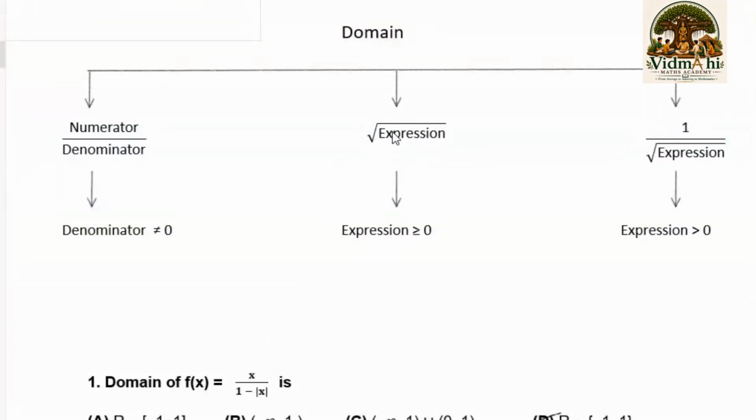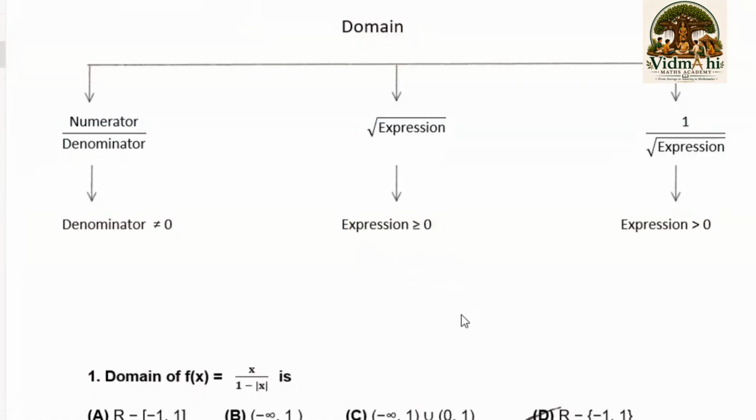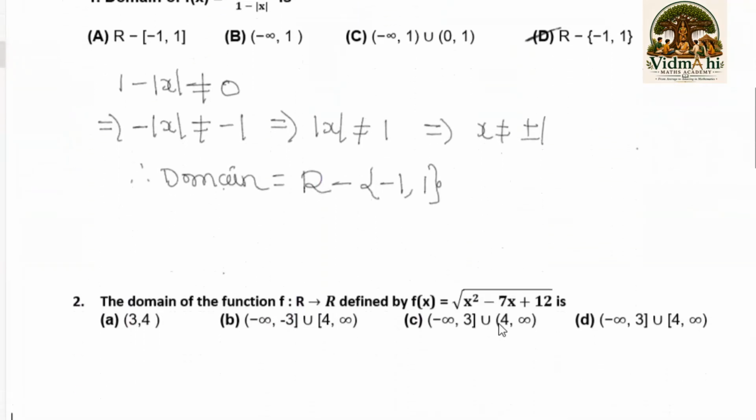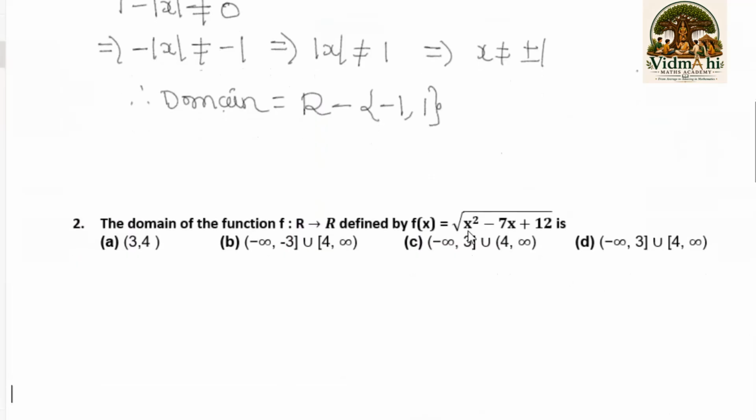If it is of the form root of expression, then the expression should be greater than or equal to 0. So here the expression is x square minus 7x plus 12, correct? So x square minus 7x plus 12 is greater than or equal to 0.